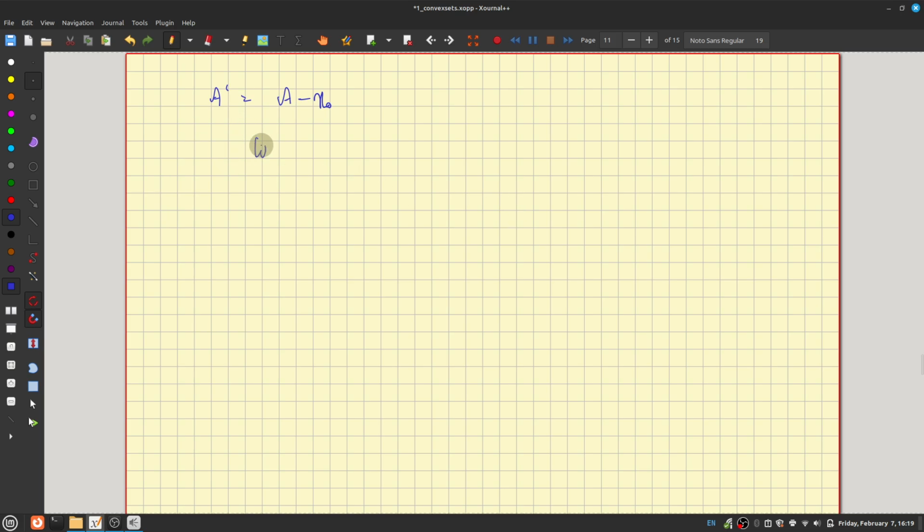So let's consider any xa and xb in A prime. If I'm able to show that every linear combination of these is guaranteed to be a member of A prime, then I'm done. I don't need to show anything further. And let's say alpha and beta in R.